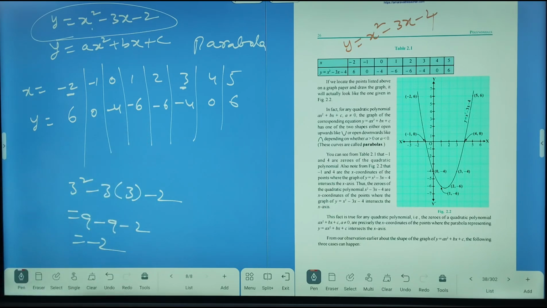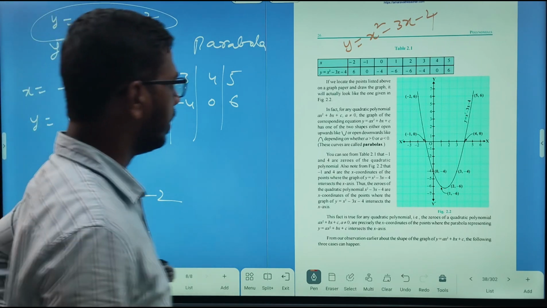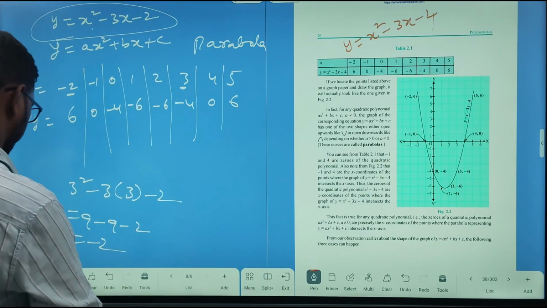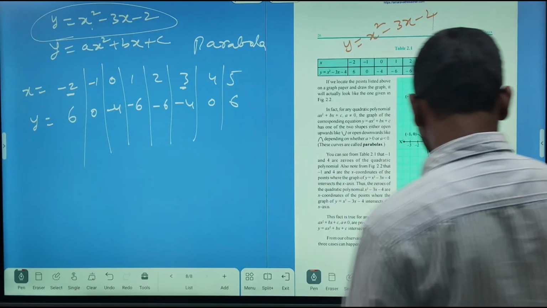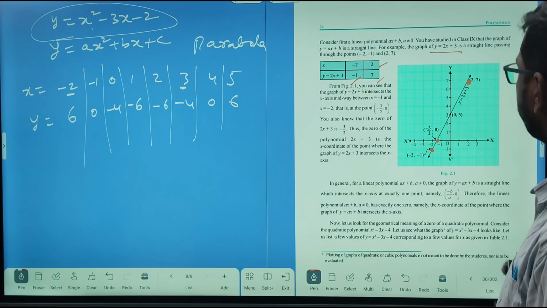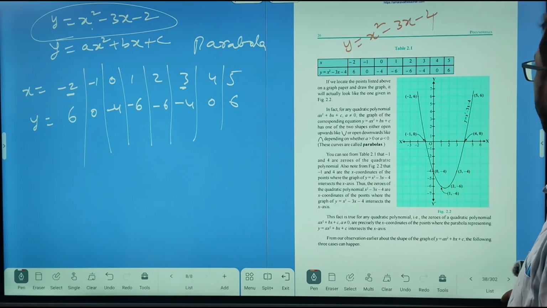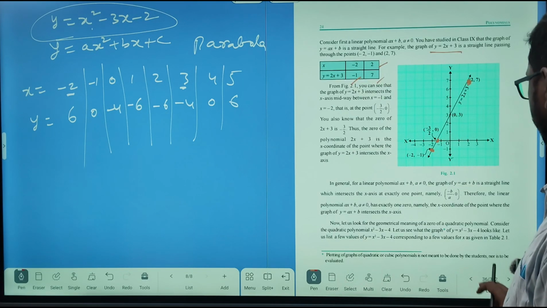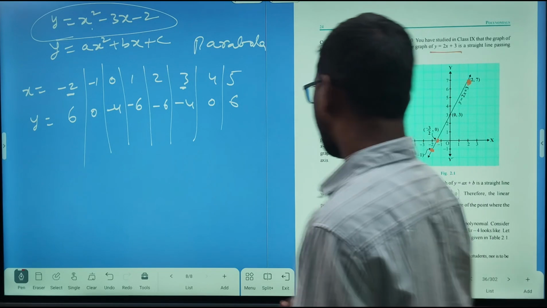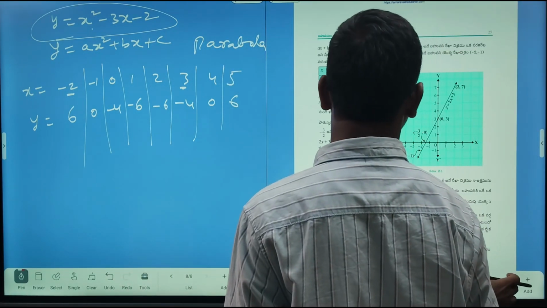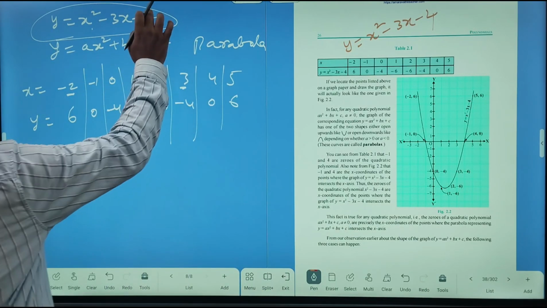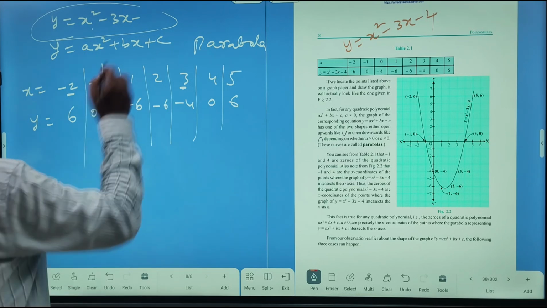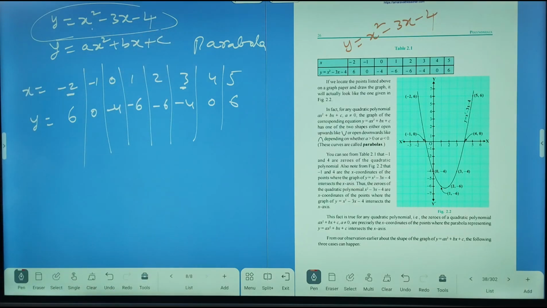Sorry, the polynomial is actually x square minus 3x minus 4, not 2. It is minus 4 in the example.